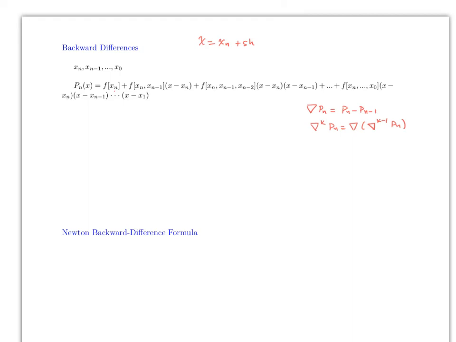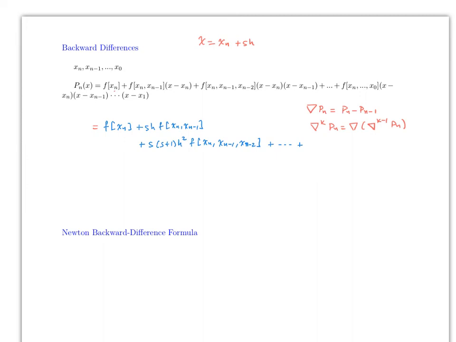So if we do the same thing we did with the forward formula, this is going to become f of xn, plus sh times f of xn, xn minus 1, and then plus s times s plus 1 h squared times f of xn, xn minus 1, xn minus 2, and so forth.